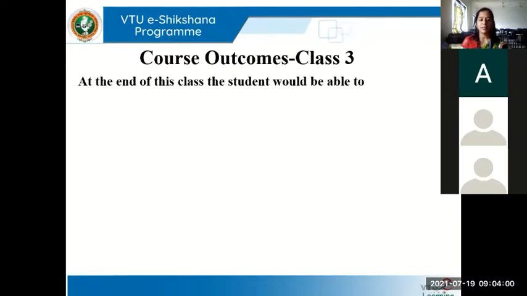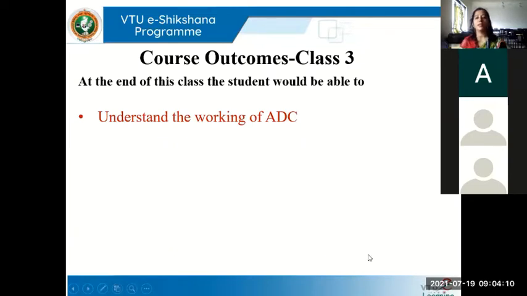In today's class, let's talk about analog to digital converter. So the first part of any processing is to convert the physically available analog signals. I told you all signals in nature which are available physically are usually analog in nature.